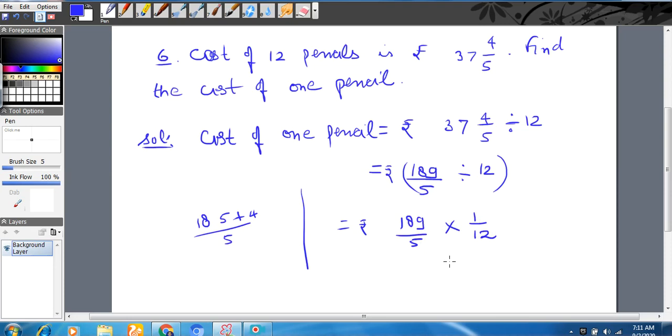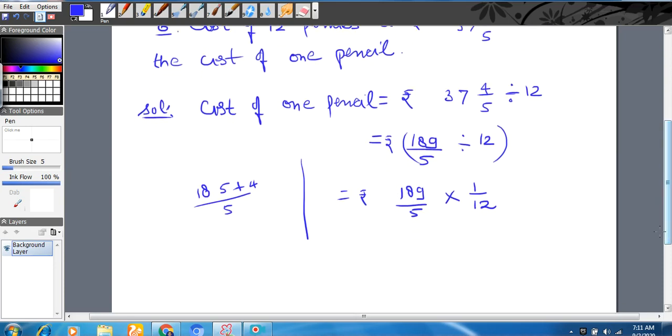Now can you check that this number is divisible by 12 or not? So 12 is an even number, it is not divisible, but we can check with the digit sum. So 1, 8 and 9, the digit sum is 18. So this is divisible by 3. Divide 12 by 3, that is 3 4 12, and divide 189 by 3, it is 63.